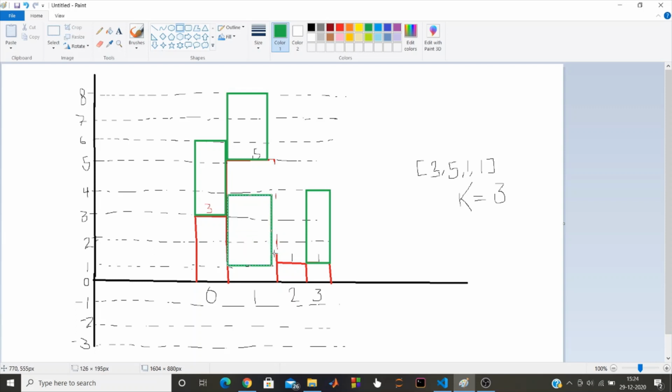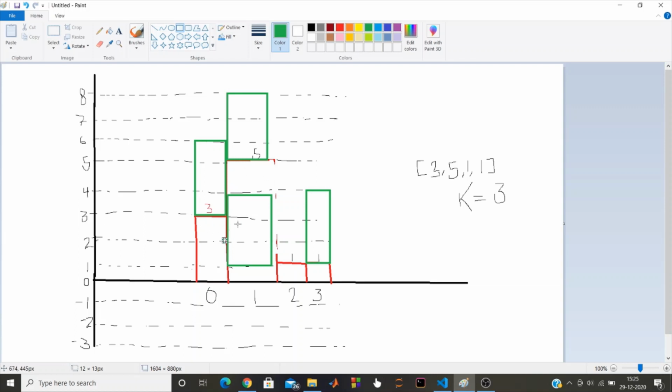So its range now, where the previous was 3, becomes: I can start from 3 minus (k minus 1), which is 2... so from 1 till 5. See, I have the bottommost slab at 1. I can make my slab here like this, or from here, here, and so on till here.